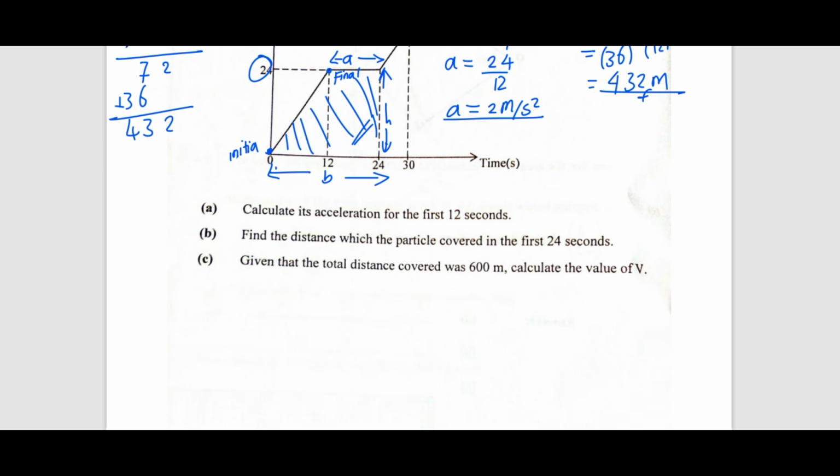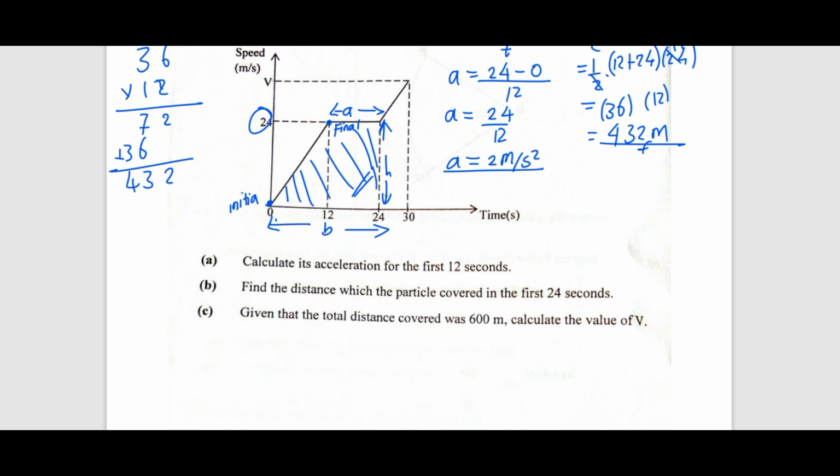Then, given that the total distance was 600 meters, calculate the value of v. So the total distance from here up to here is, now we have the distance from 0 up to 24. So let's subtract this distance. So from 600, the total, we subtract 432.